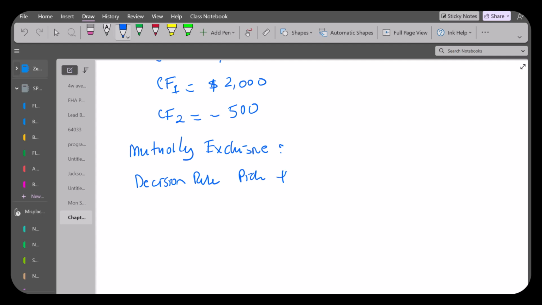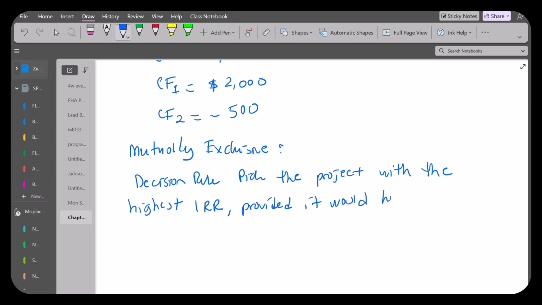Pick the project with the highest IRR, provided it would have been acceptable by itself.